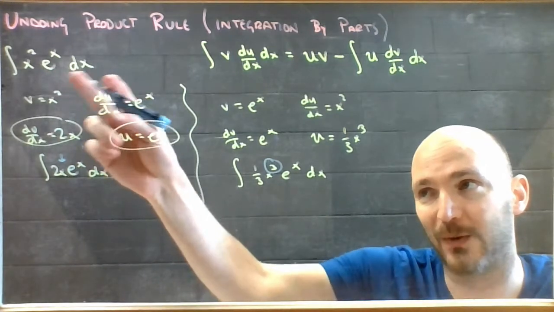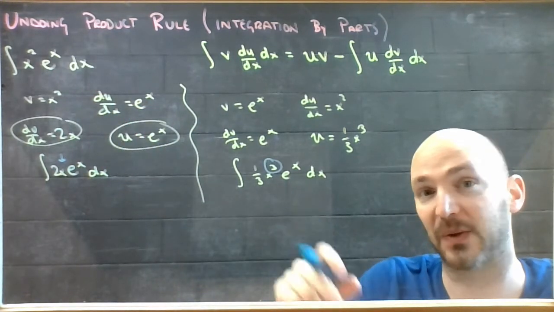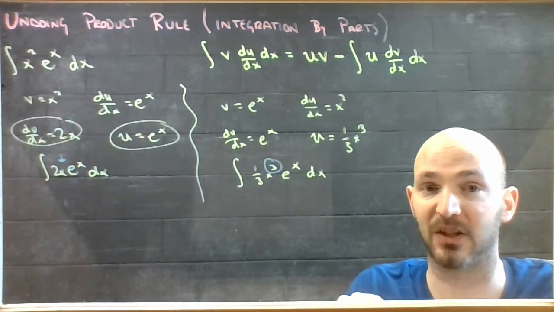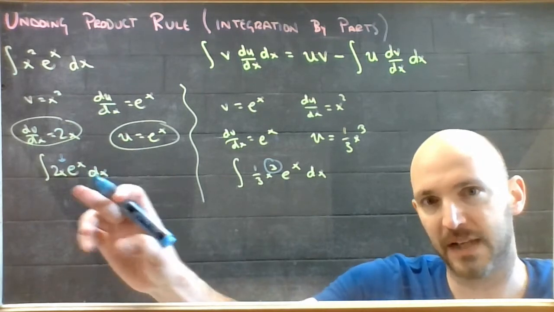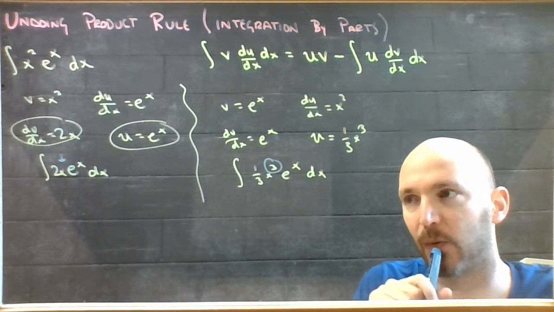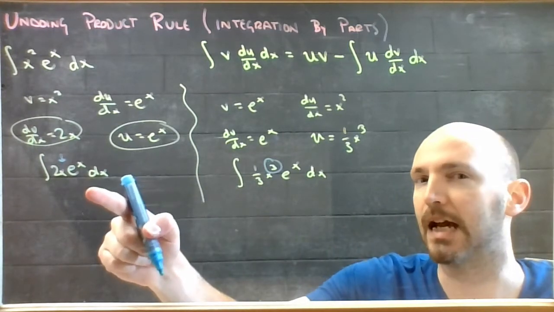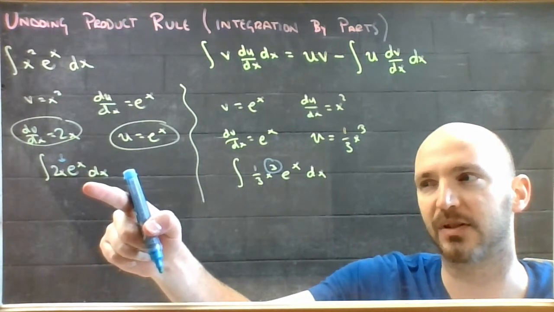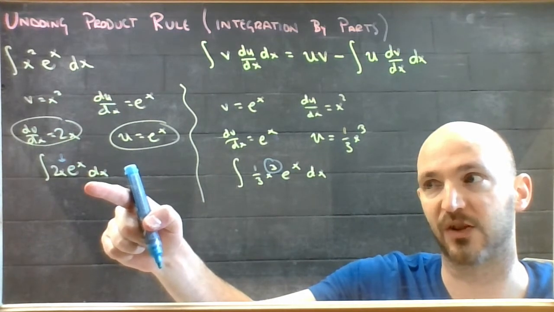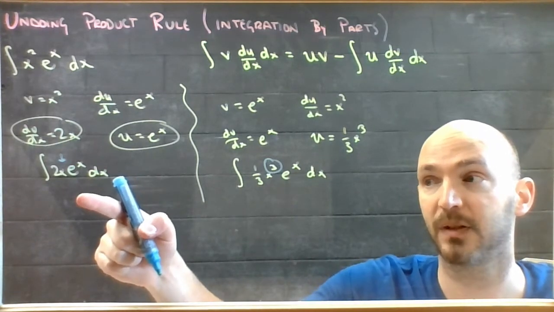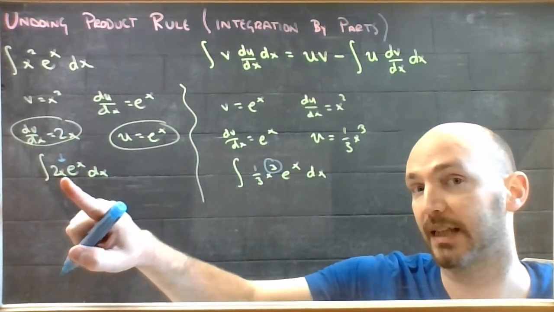I couldn't solve x squared e to the x, so I'm certainly not going to be able to solve x cubed. I'm not able to solve x to the power 1 either, but if I used this integration by parts a second time, I'd be able to eliminate that x entirely.